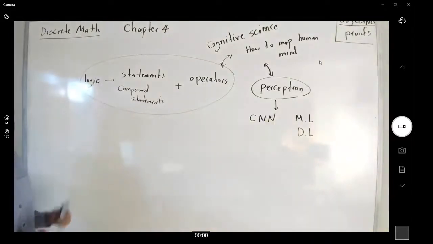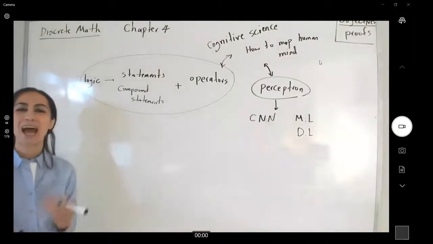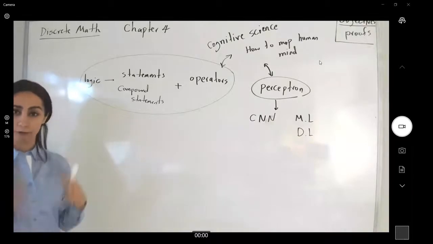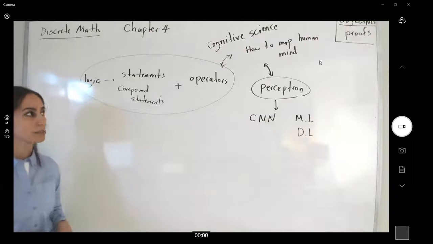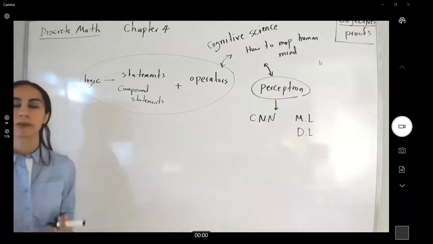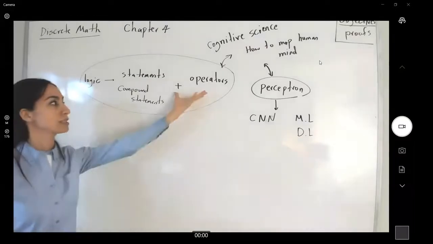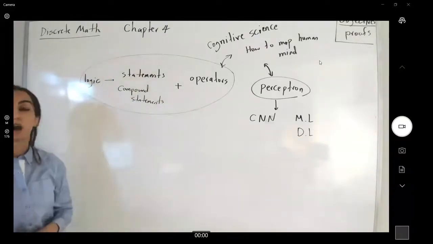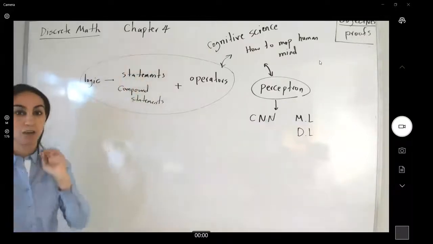Perfect. So now, in order to analyze complex, complicated statements, we human mathematicians, computer scientists, we come up with different methods of proving or disproving statements. This is the whole concept and the method that we're going to deal with in chapter 4.